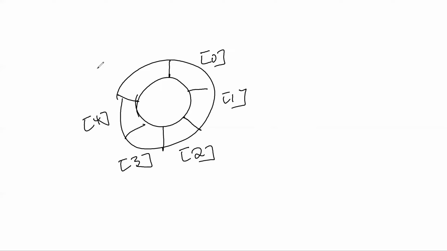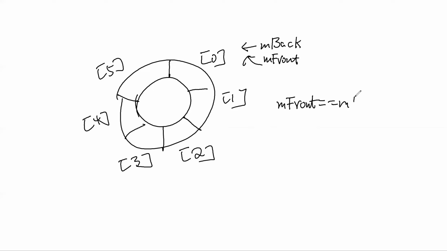There is another concept we need to be clear on before we move to coding the queue, regarding this circular array. So this is sub 0, sub 1, sub 2, sub 3, sub 4, sub 5. Initially, when your queue is empty, we can see both m_front equals m_back.